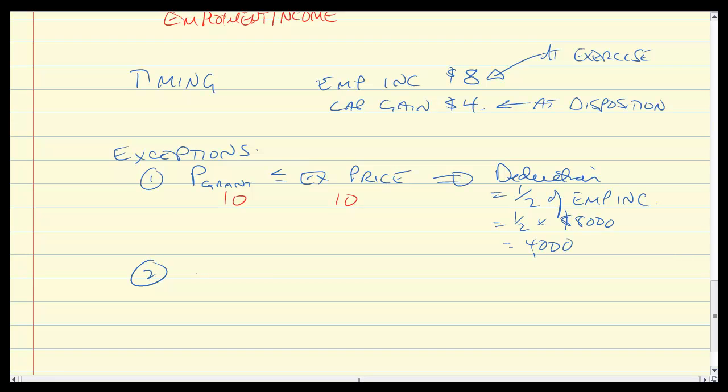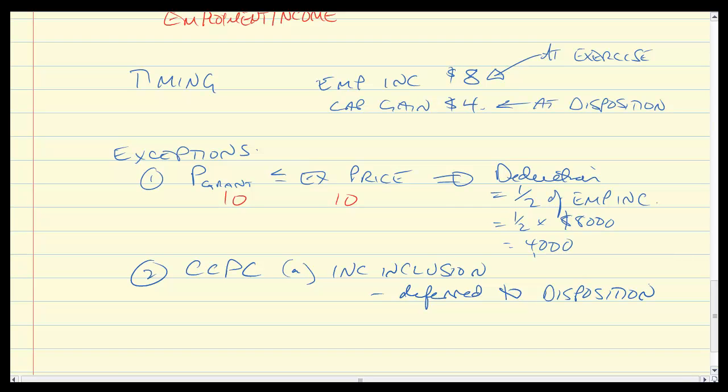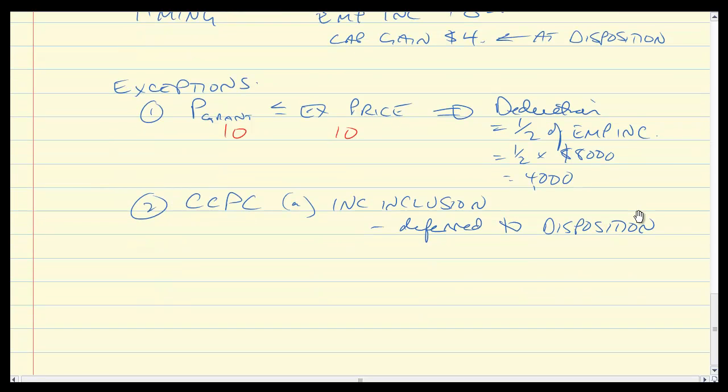Second exception, if the company is a CCPC, a Canadian-controlled private corporation, which we will talk about what that is, there are two things that they can get. One, the income inclusion, so this $8,000 can be deferred to disposition. So that's a big deal. And it used to be that everybody could get that, but they can't anymore, as we may get to.